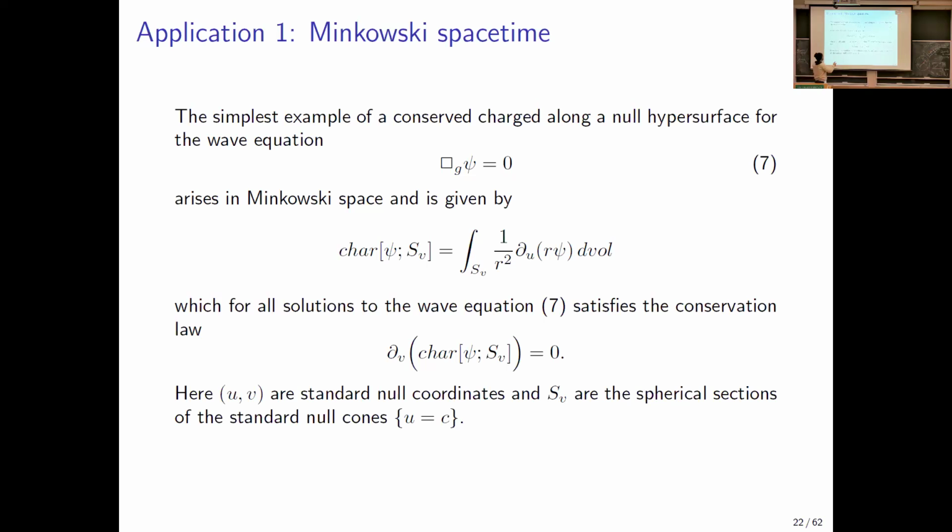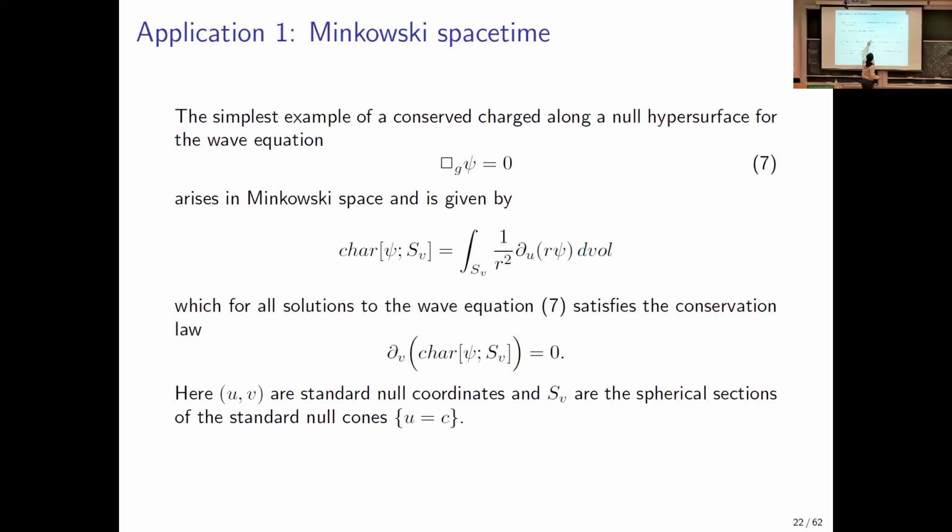Now I consider the spherical symmetry. Of course, for the general scalar field, you can just integrate over the spheres and keep only the spherical mean. So this is a conservation law along sections of the standard null hypersurfaces of Minkowski. What are they?